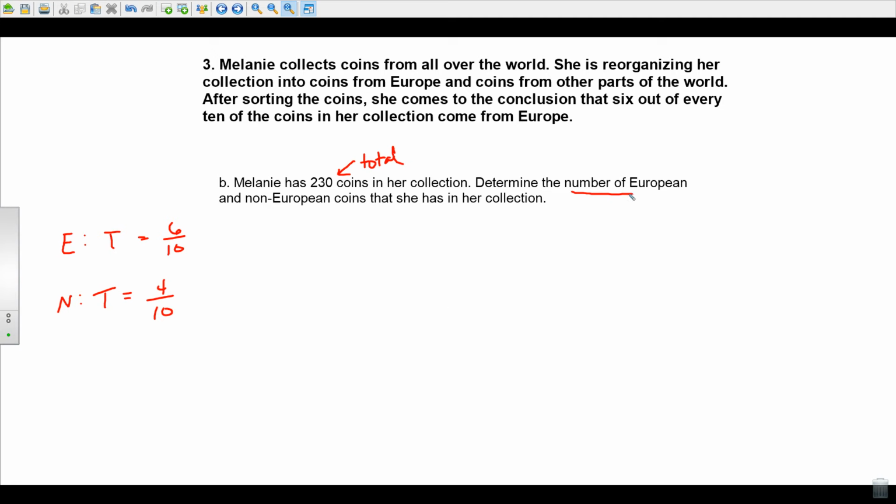Let's find the number of European first. So that means I'm going to be using this ratio because I'm finding the number of European and I have the total. This ratio relates European to total. So this is the ratio these coins should be in. So this ratio should equal another ratio when there is 230 coins total.